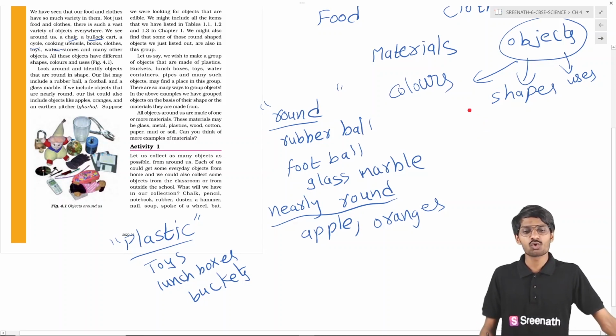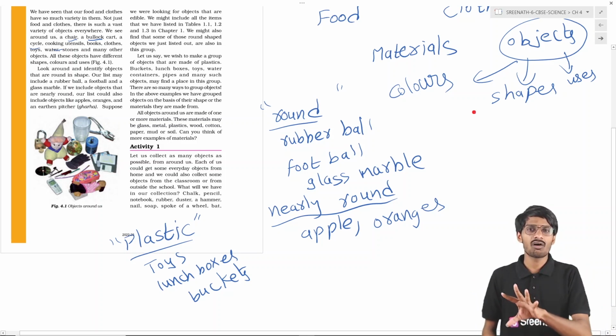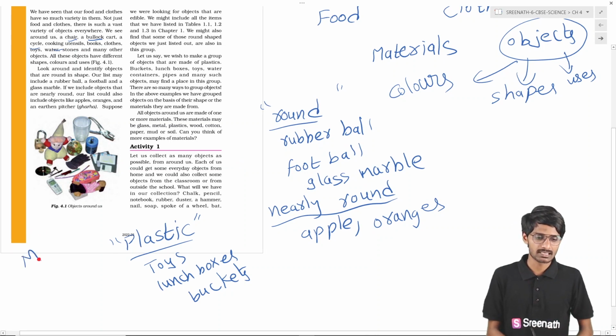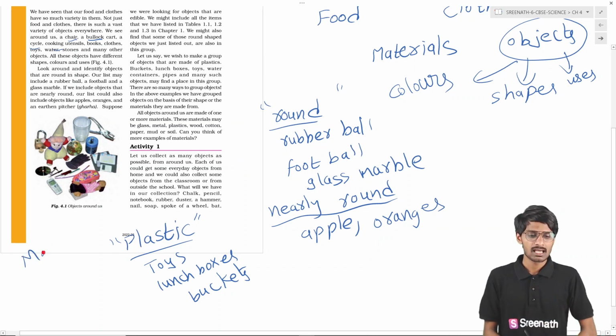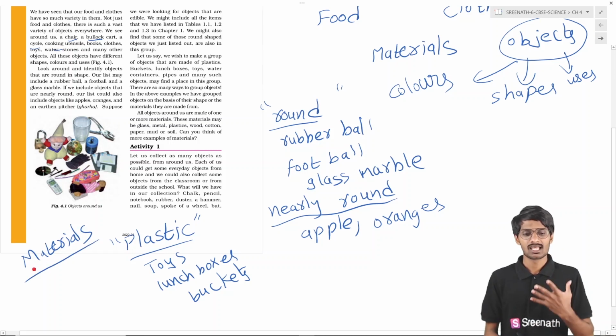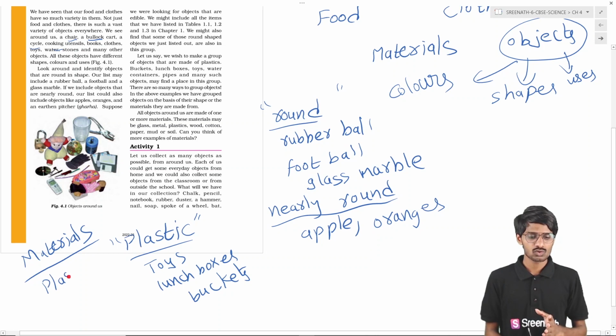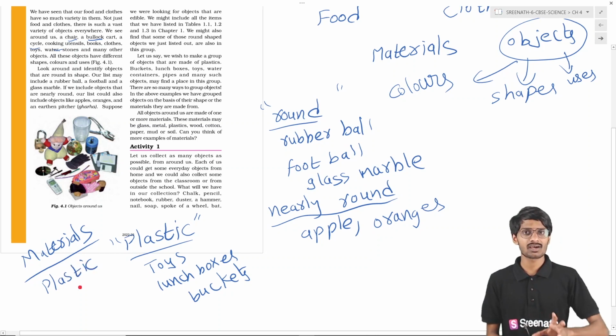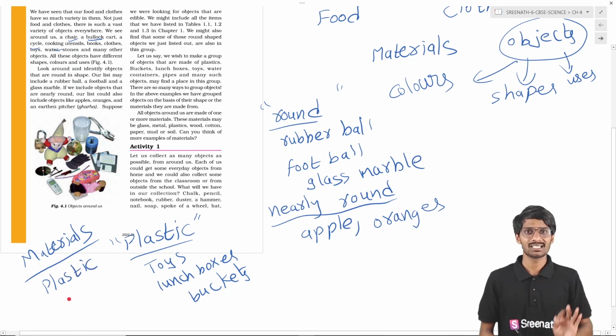Okay, students. So finally, if you see all the objects, all the objects are made up of some materials. Here plastic is one of the materials, and all the objects are made from some type of material. Suppose, what are the materials? Plastic. So toys like that are made with plastic, students.